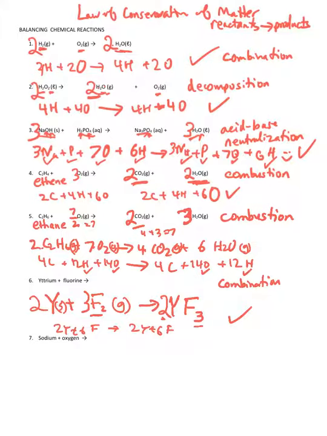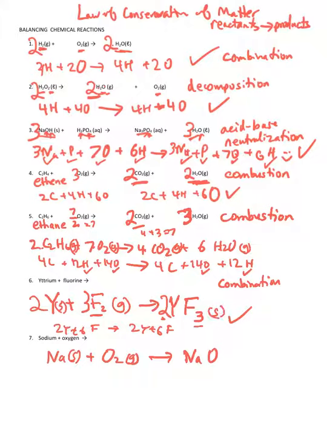The next equation, sodium, an alkali metal, plus oxygen. We got to remember this, a diatomic molecular species, O2. It's going to react to make sodium oxide.